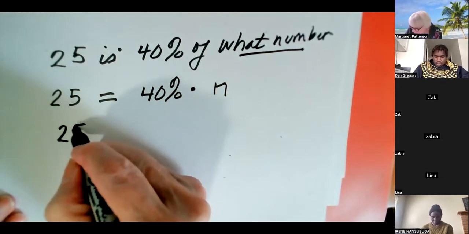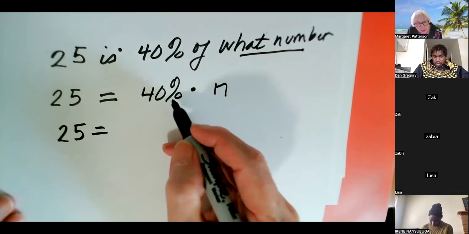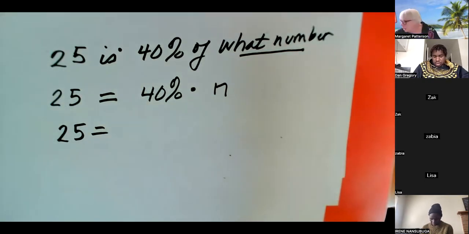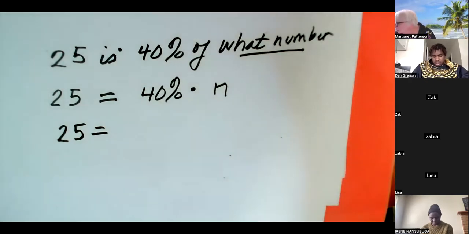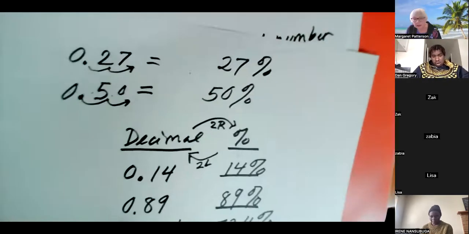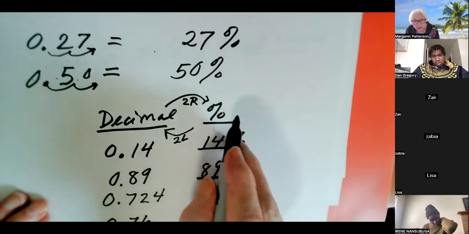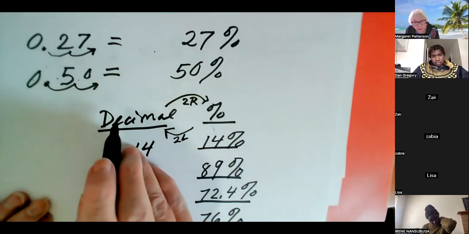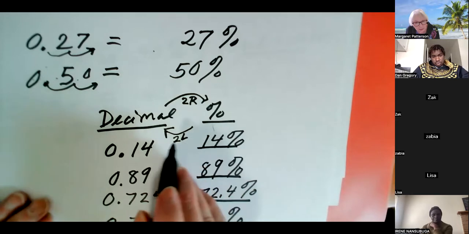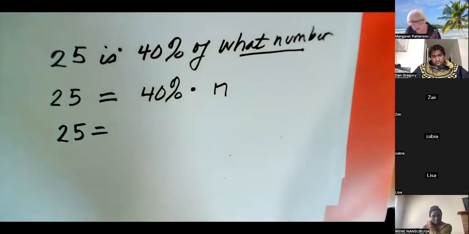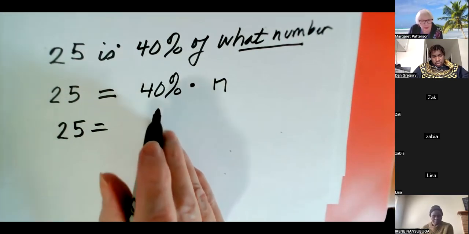So it's 25. Now 40%, this is where that little table, if I can find that table, comes in. So you've got to go back and forth. We have a percent and we want it to be a decimal. So I have 40% and I want it to be a decimal.